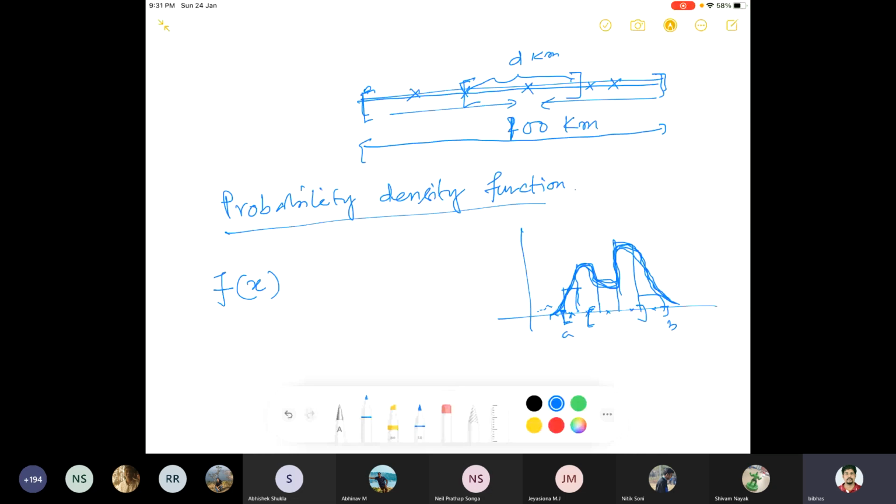Here it is a continuous random variable. This is called the probability density function, or sometimes PDF, which I will define not as the probability of X equal to x, but as the probability of a less than or equal to X less than or equal to b for any a and b. a, b could be any two real numbers, with a less than b.